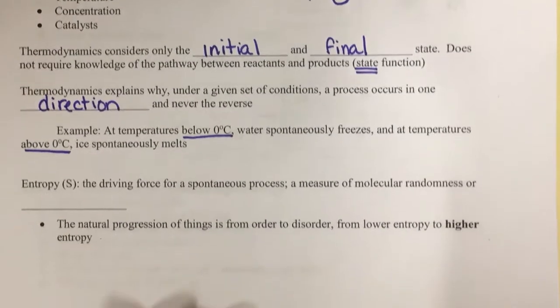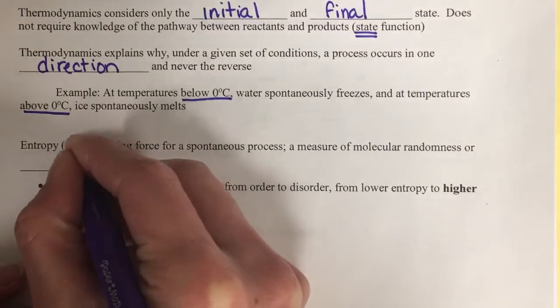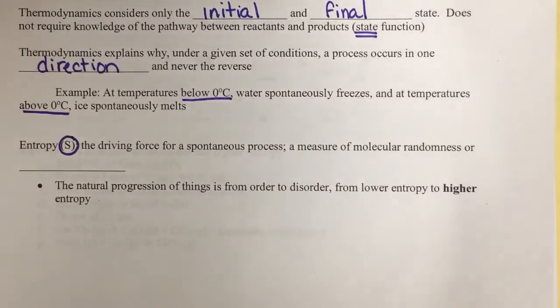Now we're going to talk about something new called entropy. Entropy is represented by this letter S. Now, when we talk about whether a reaction is going to be spontaneous or not, there are several factors. One is going to be whether the reaction is endothermic or exothermic, enthalpy. One is going to be temperature, and the third is entropy.